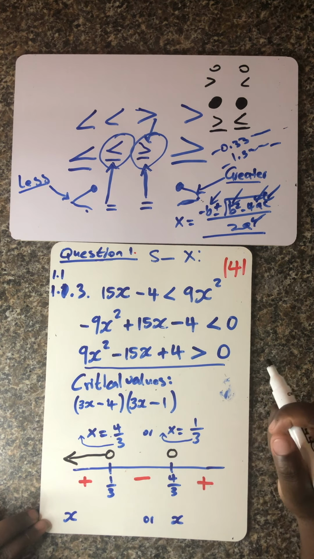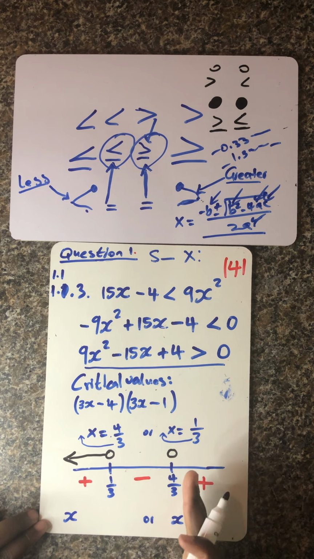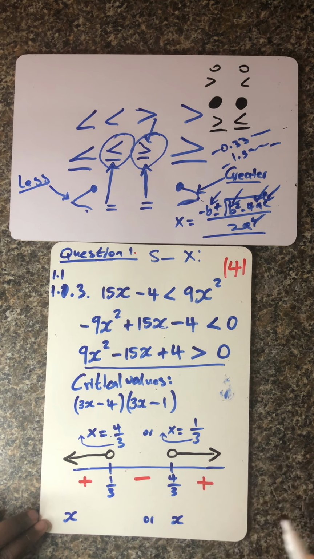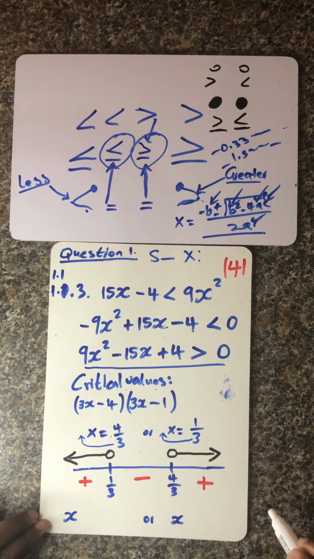How is it greater than 0? It's because it's a positive number. When you substitute with any number in that direction, you get a positive number which is greater than 0. So how do you then write these final answers, ladies and gentlemen?